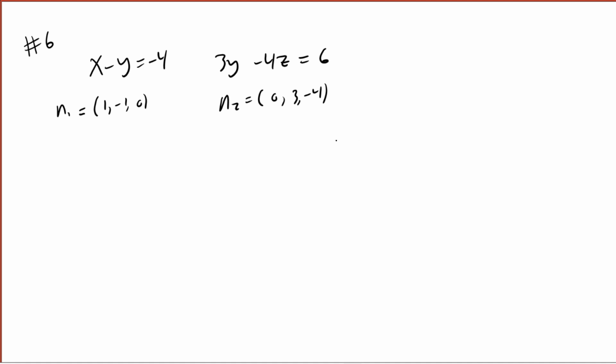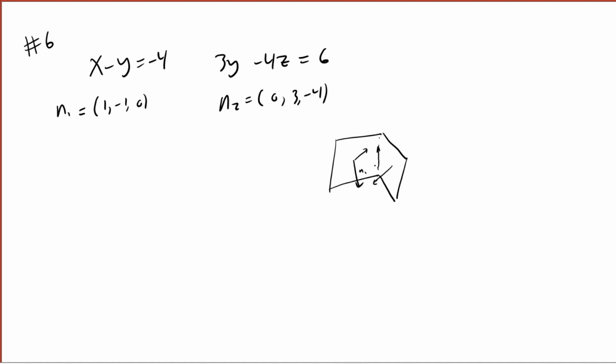So if I have plane 1 like this, and I have plane 2 like this, and I have the normal sticking out here and the normal sticking out here. So this normal, n1, is orthogonal to every vector in this plane, specifically this vector right here, right? That vector is in the plane.